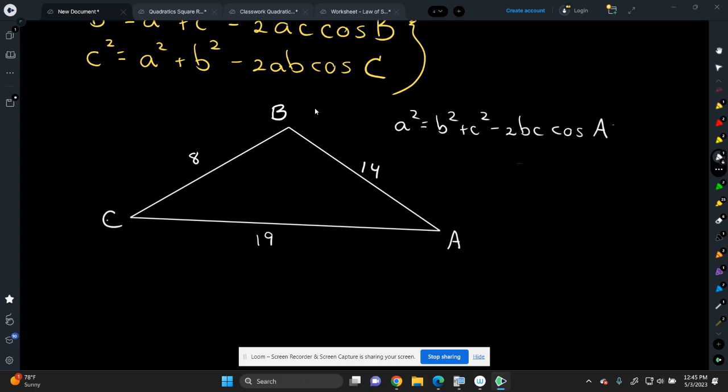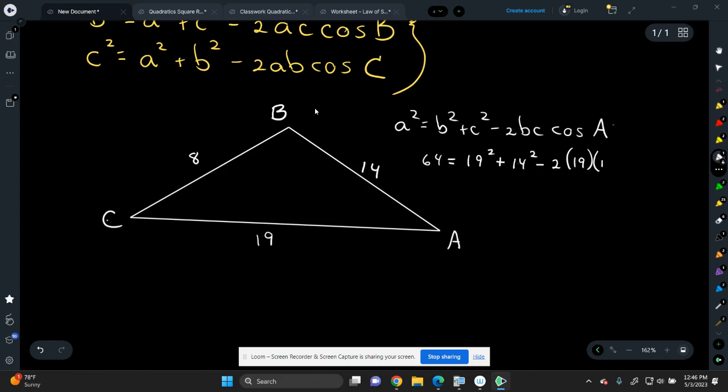So that's going to give me A squared, so that's 64, equals B squared, which is 19 squared, plus C squared, which is 14 squared, minus 2 times 19 times 14 times the cosine of A. The biggest mistake I see with these problems is that you do the order of operations wrong.